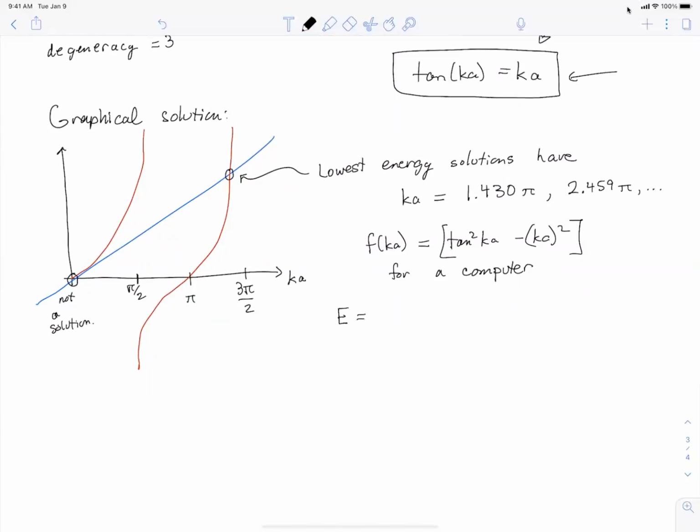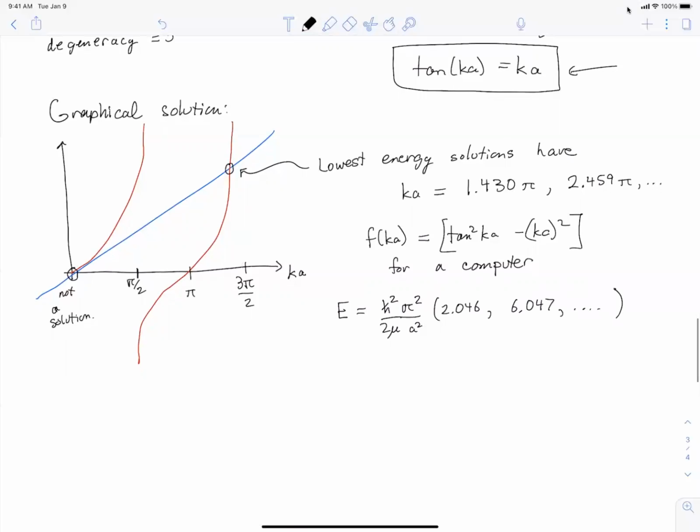So the lowest energy states are h bar squared over twice the mass times pi, I'm writing things in terms of pi squared over a squared, and then I just square these numbers, which gives you 2.046 for the first one, and 6.047 for the next one. And there's an infinite number of them, which you can generate. And so those are the energy eigenstates, or the energy eigenvalues for the L equals 1 solutions.